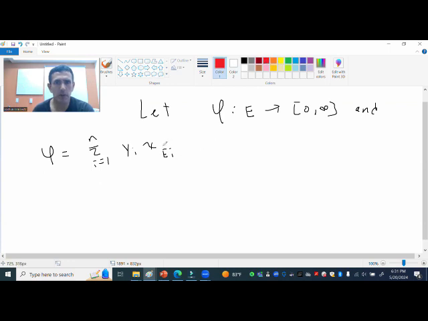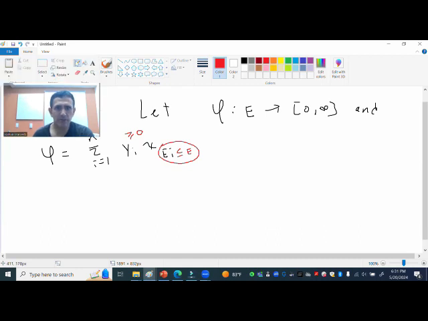characteristic functions, where all of these sets are a subset of E and each of the yi's are bigger or equal to 0. I don't really care if the Ei's partition E. I don't care if this is the canonical decomposition of my simple function.